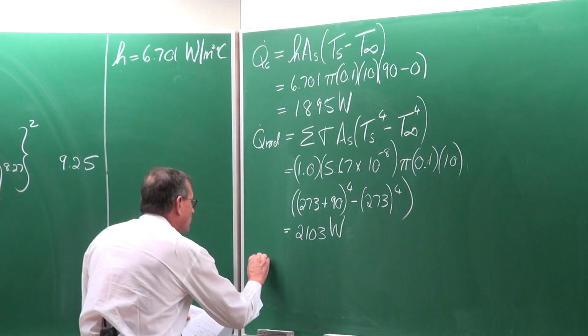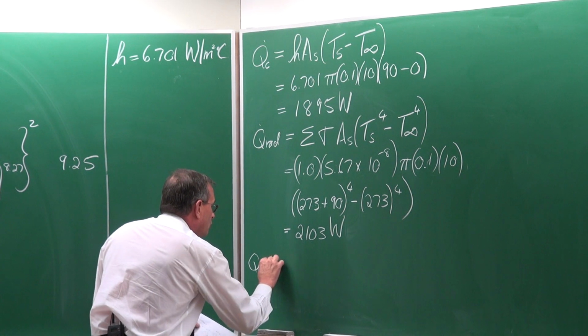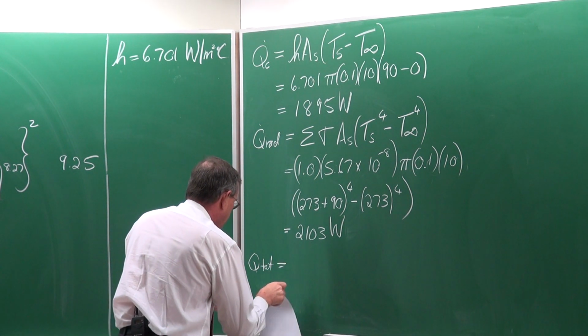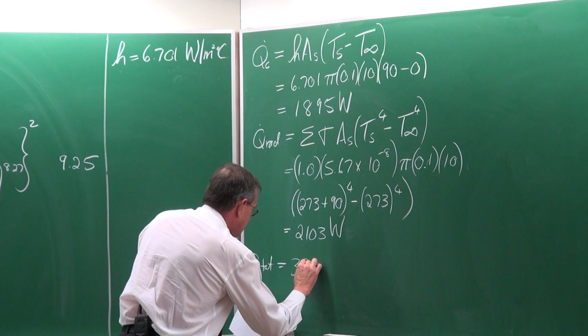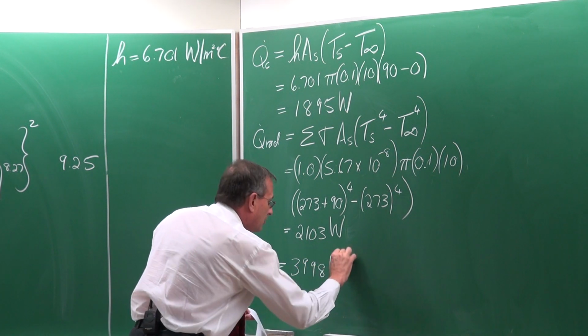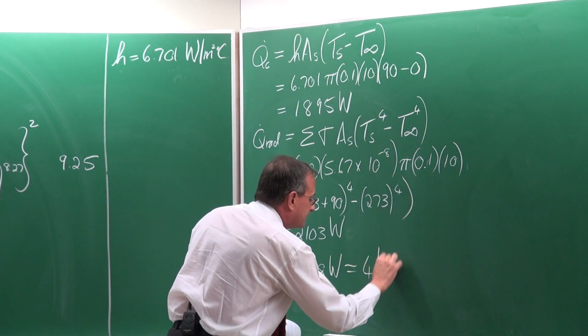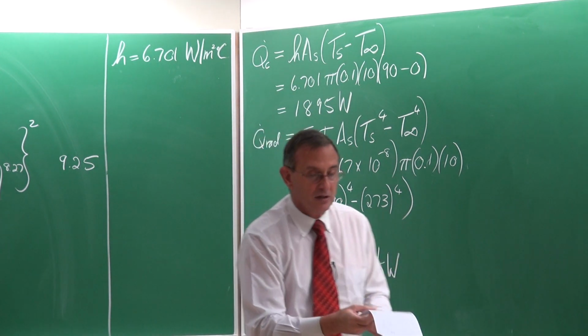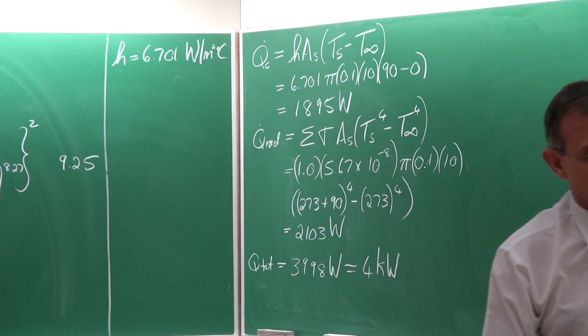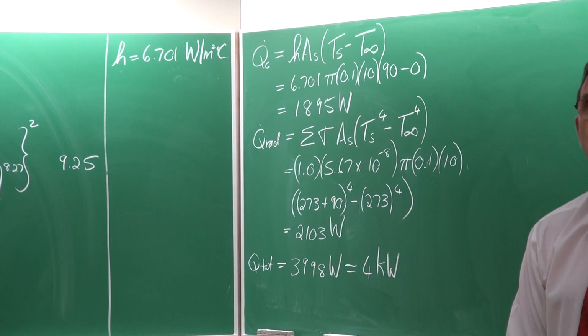So in this case, the total heat transfer rate would be the 2 together, and if we calculate that, it is equal to 3,998 watts, which is 4 kilowatts of heat losses from that tube or pipe. Any questions?